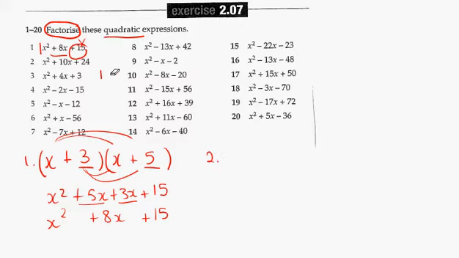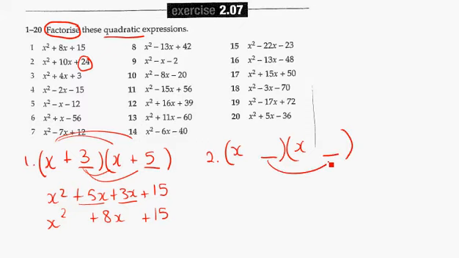So step 1, of course, once we've identified that it's a quadratic with 3 terms in it, an x squared term, an x term, and a constant term, we start with our double brackets and an x in the front. Right, and then step 1 is to look at the number at the back, because I know that these two numbers have to multiply to equal 24.